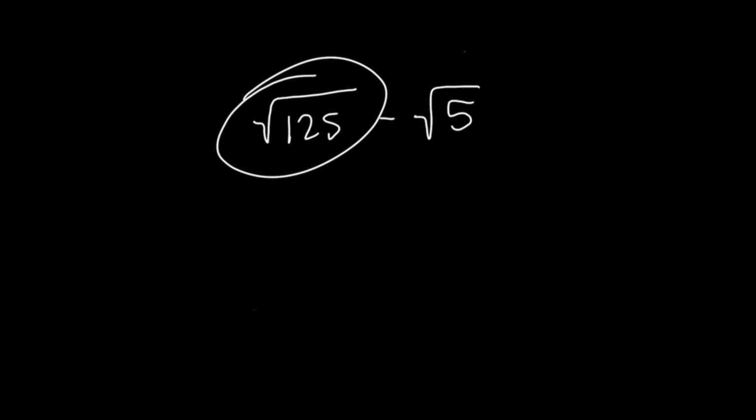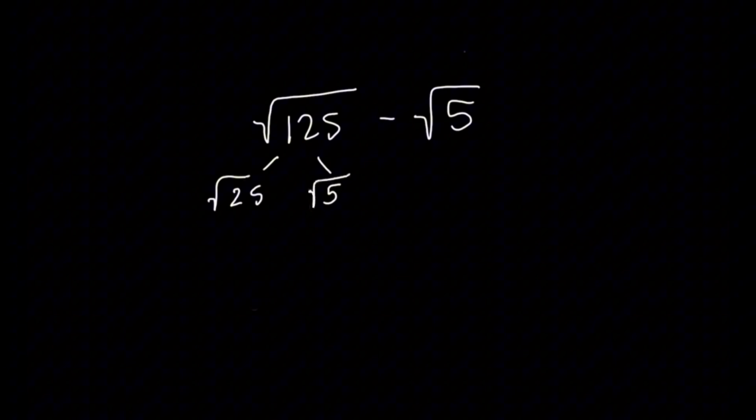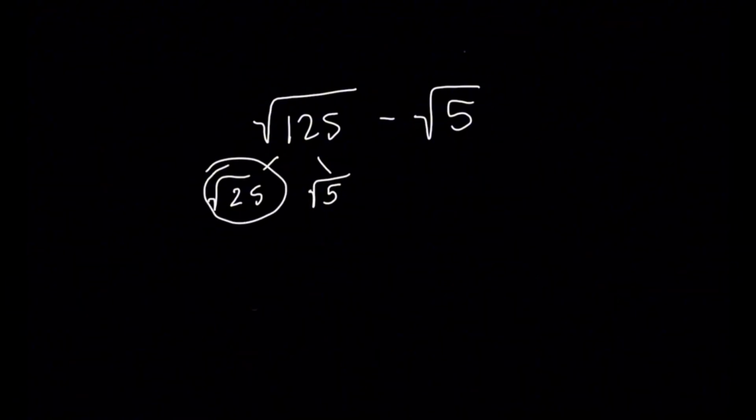So when we simplify this one, of course you can use a calculator, but I already have it, so this would be 25 and 5. We can square root both sides and then circle this one because we're able to square root that. And then 5. And you always want the perfect square on the left side, because the left side is where the number will be on the outside of the radical, and then it would be 5.